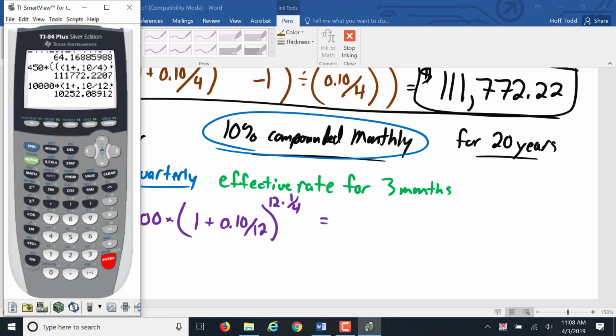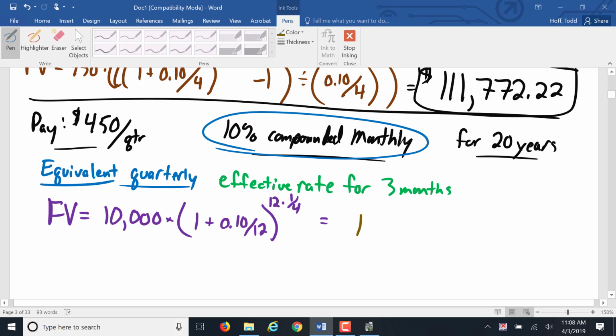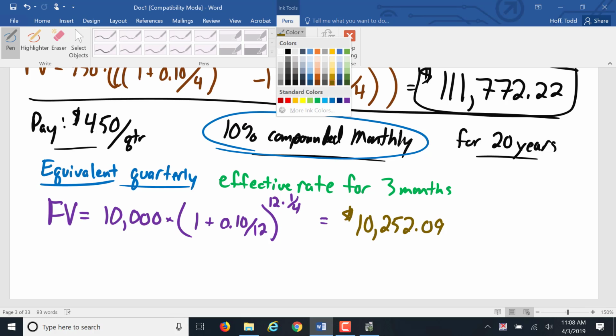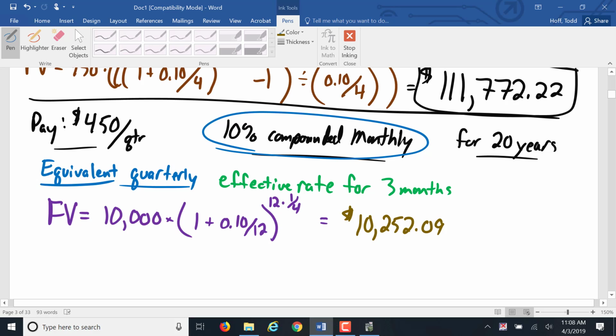So that'd be 10,252.09, which would be the balance after that 1 quarter, or 3 months. We're going to subtract that beginning balance of 10,000 to get interest of $252.09.